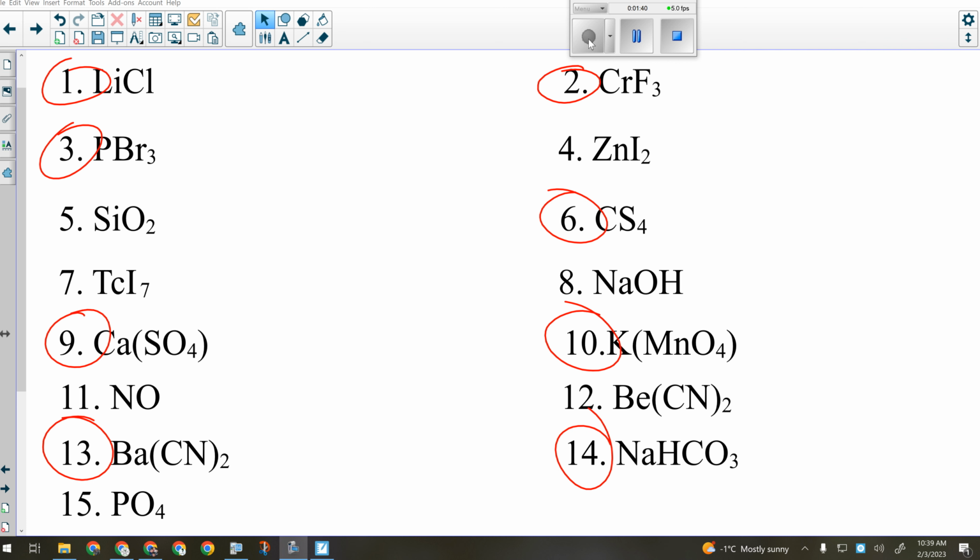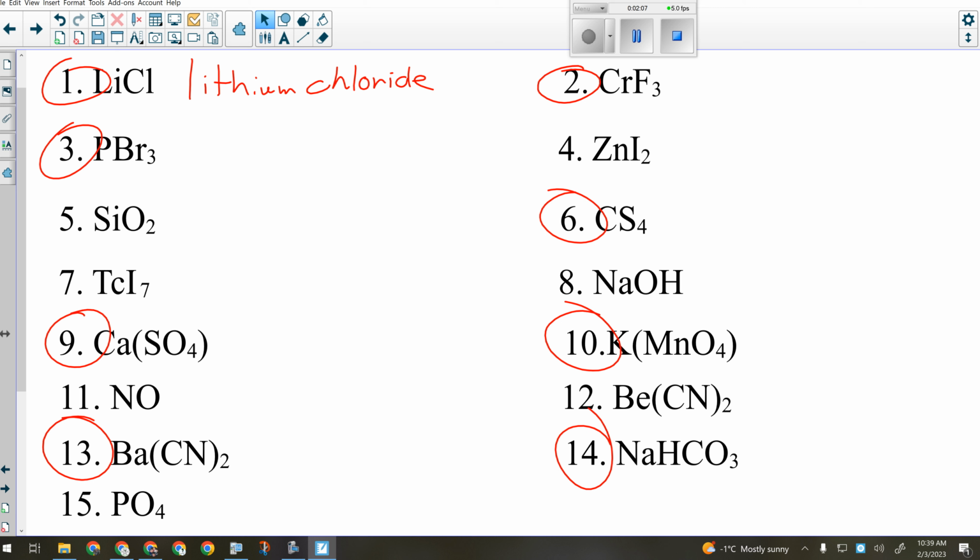Now I'm going to follow the ionic naming rules. I write the name of the metal, and then the name of the nonmetal, ending in -ide. Do I need a Roman numeral for this one? I don't. Lithium only has one possible charge. It's in group 1, so it doesn't require a Roman numeral. So the correct name would be lithium chloride.